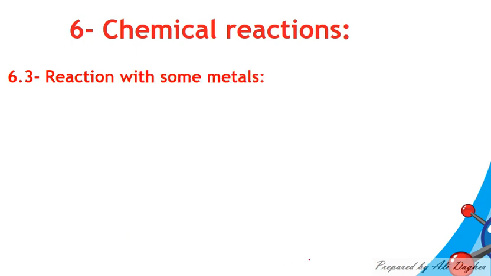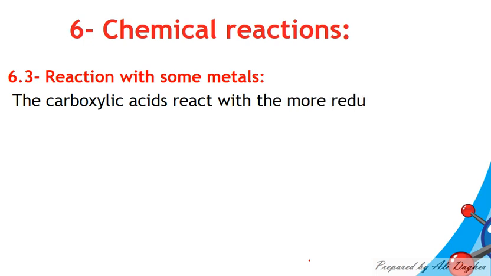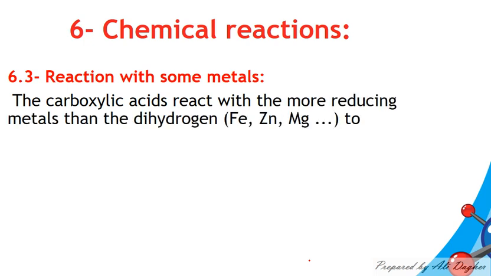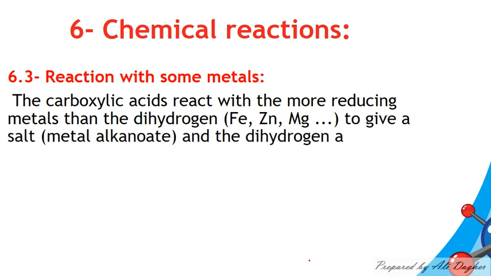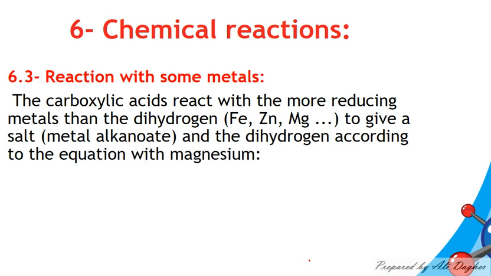Reaction with some metals. Carboxylic acids react with metals that are more reducing than dihydrogen H2, such as Fe, Zn, Mg, Al, and so on, to give a salt, metal alkanoate, and dihydrogen gas H2.